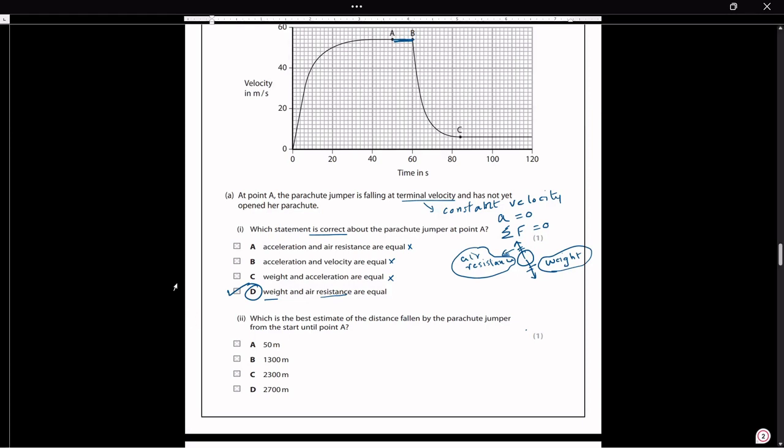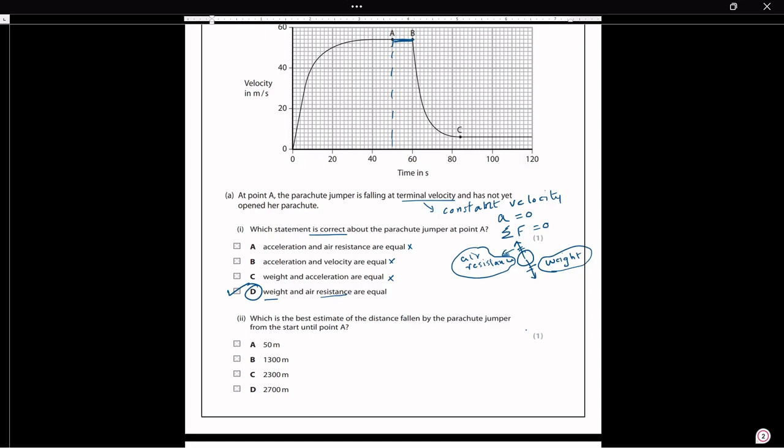We know that from a velocity-time graph, we can calculate the distance as the area under the graph. Until point A means from the origin till A. That area is the distance travelled.